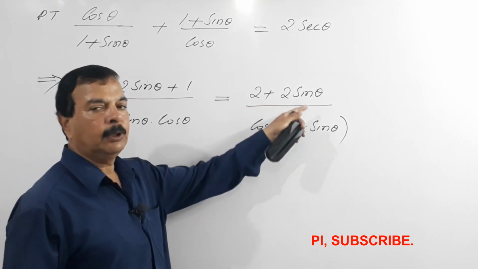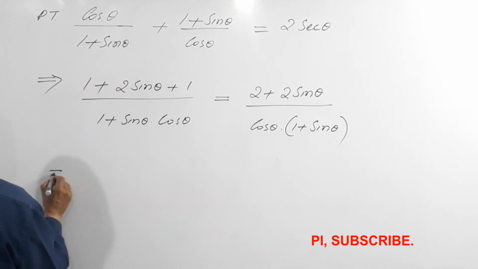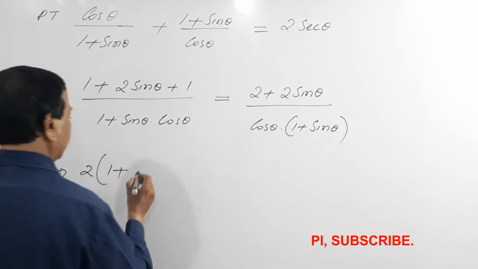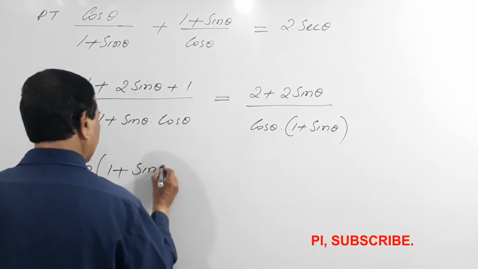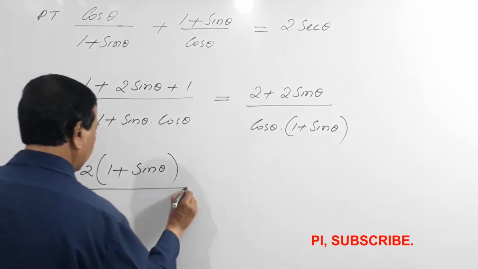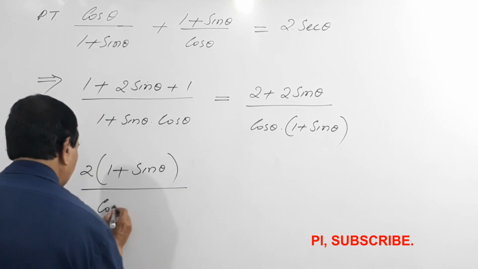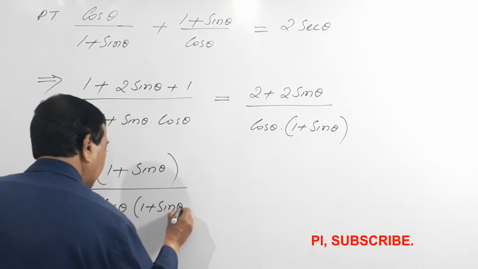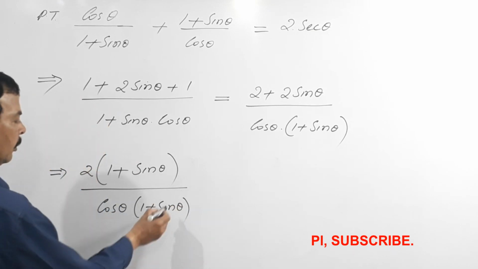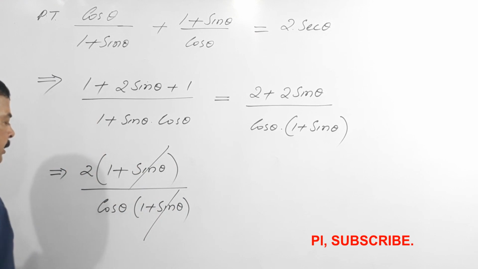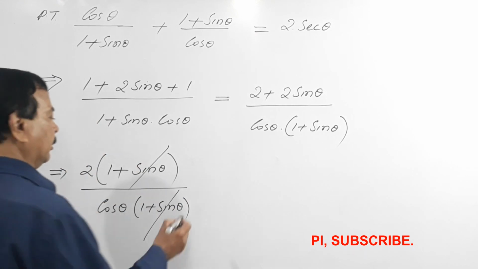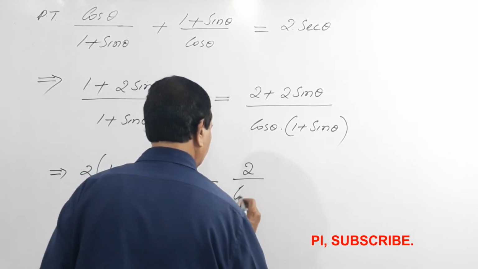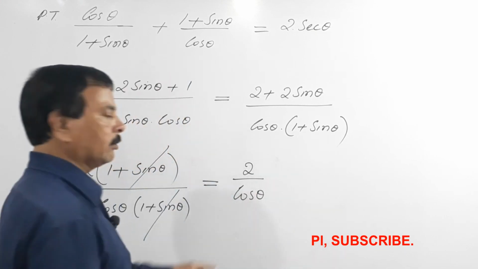So what is common? 2 is common here. I'll take the 2 common outside. This becomes 1 plus sin theta divided by cos theta into 1 plus sin theta. So 1 plus sin theta, 1 plus sin theta cancels. You are left with 2 by cos theta. What is cos theta?